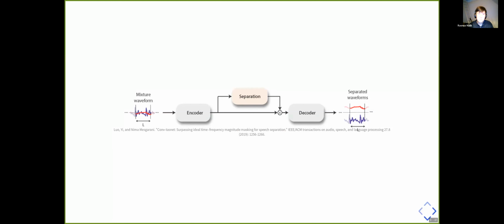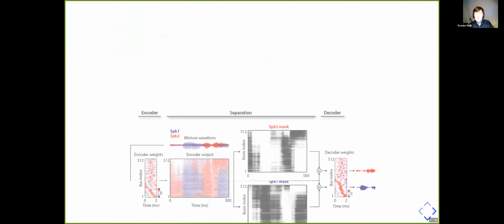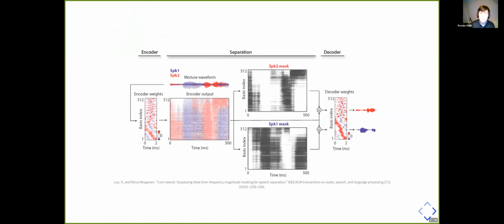So this is a figure from the original Conv-TasNet paper by Luo and Mesgarani. I don't want to go into details of the architecture, but what I do want to show you is that when you train these models with a very simple linear one-dimensional convolution encoder, you actually get encoders that resemble a filter bank. These filter banks have learned to represent the mixture waveform in a way that allows it to separate.